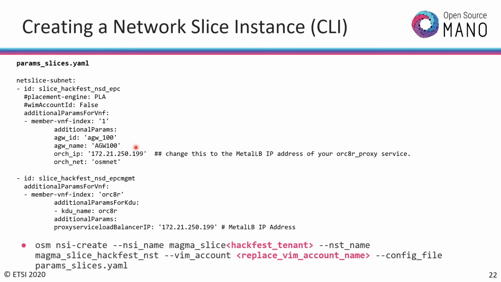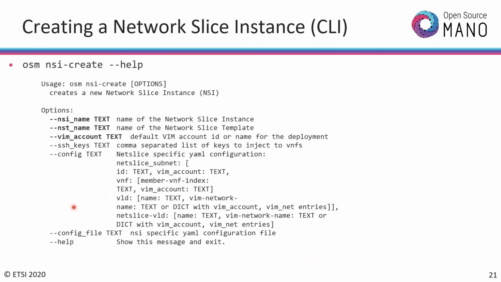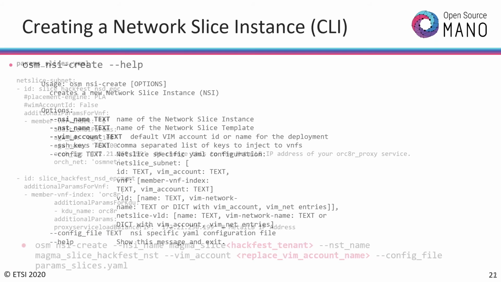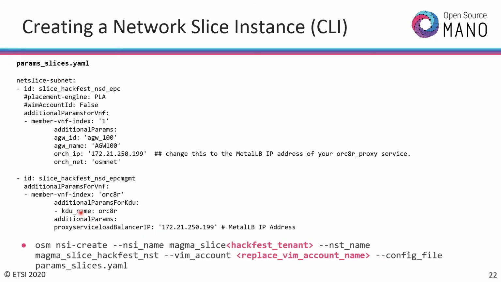This script has some optimizations that we need to do to run it quickly. But the params-slice YAML is the file that I'm going to inject with the --config-file option, and as you can see here, it is a YAML with a lot of parameters.